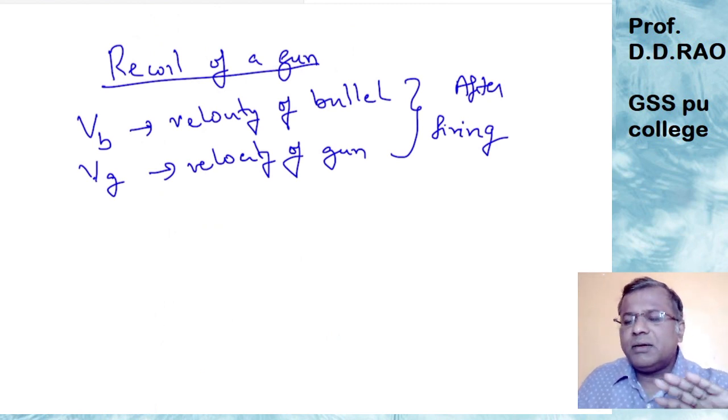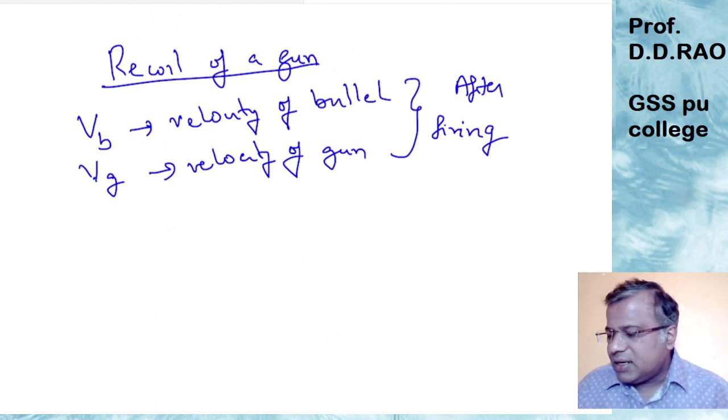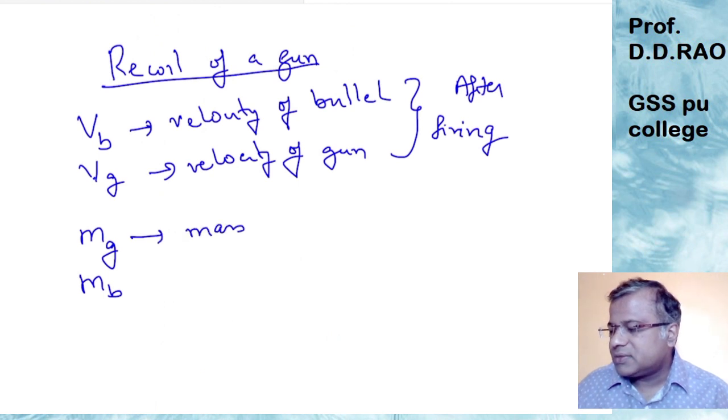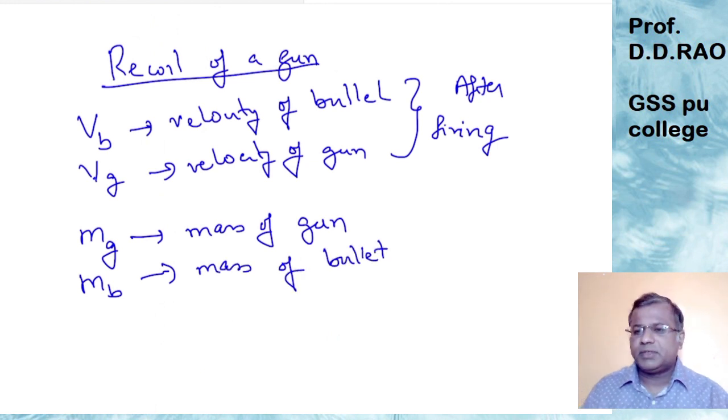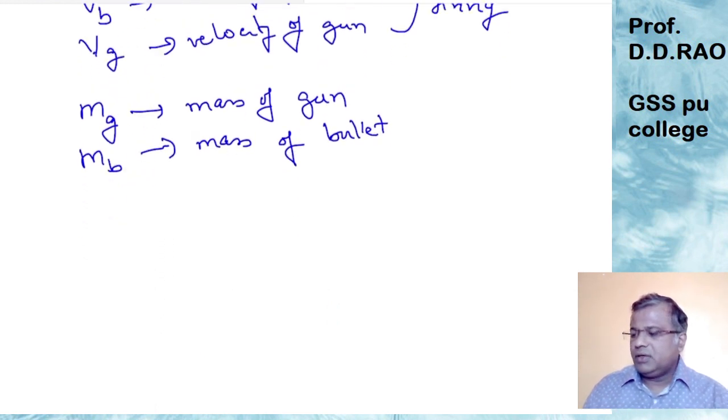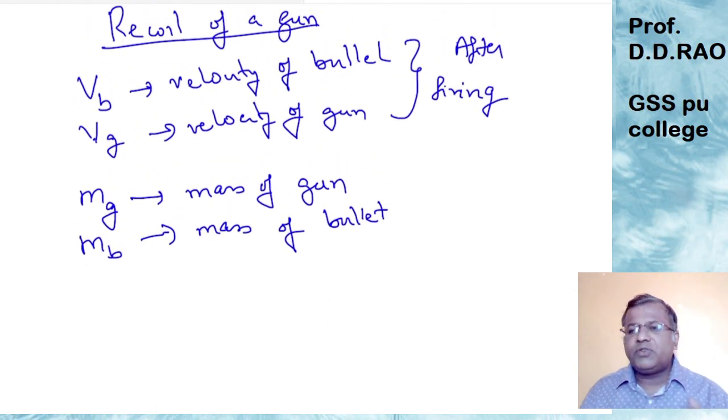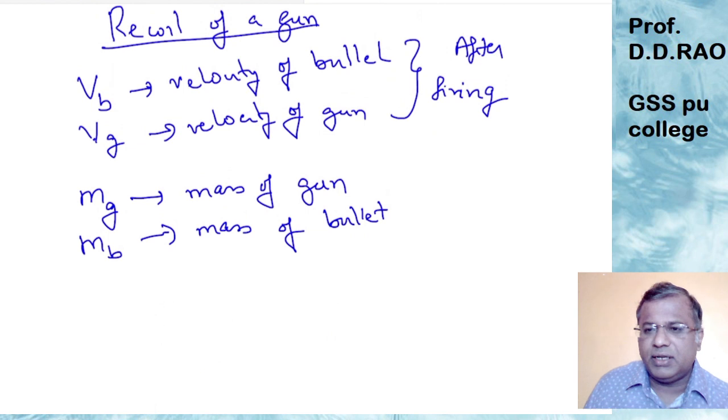Before firing, both the gun and bullet are initially at rest. Let us say the mass of the gun, just the gun without the bullet, is mg and mb is the mass of the bullet. Now our idea is to see with what speed the gun is going to recoil.